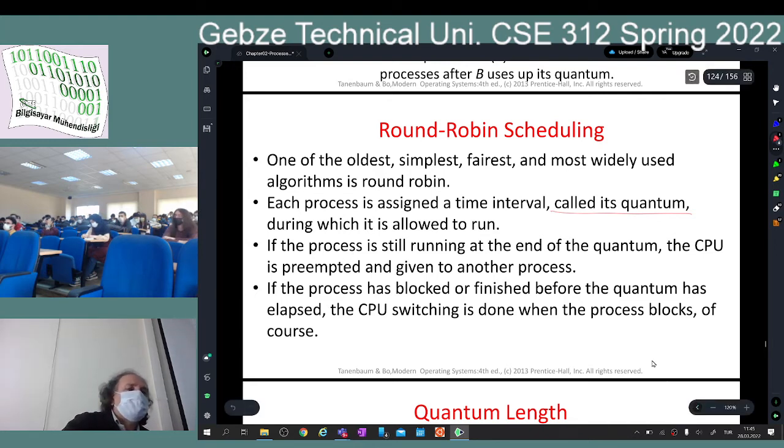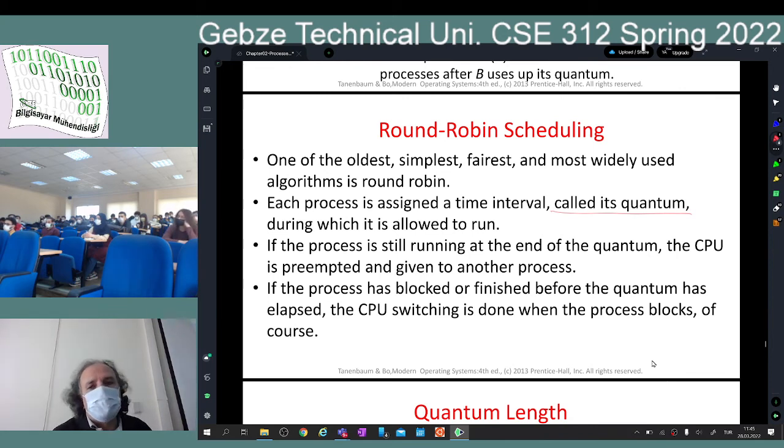And if I am still running at the end of my quantum, the CPU is preempted and given to another process. Preempted means that the timer interrupt happens and the CPU realizes that my quantum time is over.